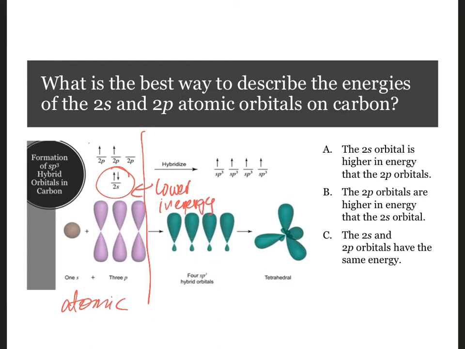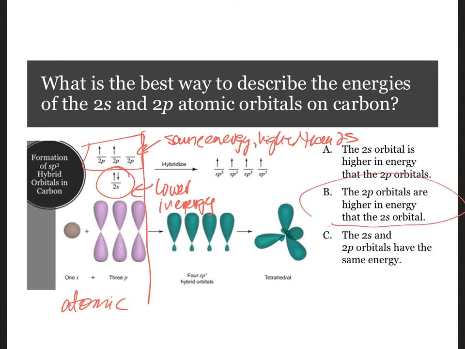The 2p orbitals are all the same energy, but higher than the 2s. So we would say that the 2p orbitals are higher in energy than the 2s orbital.